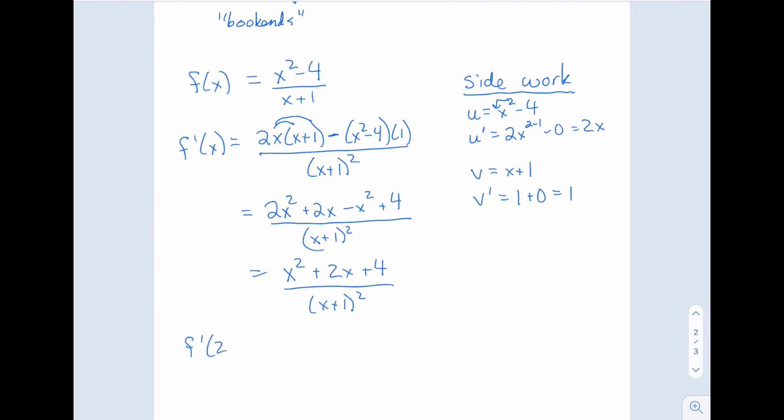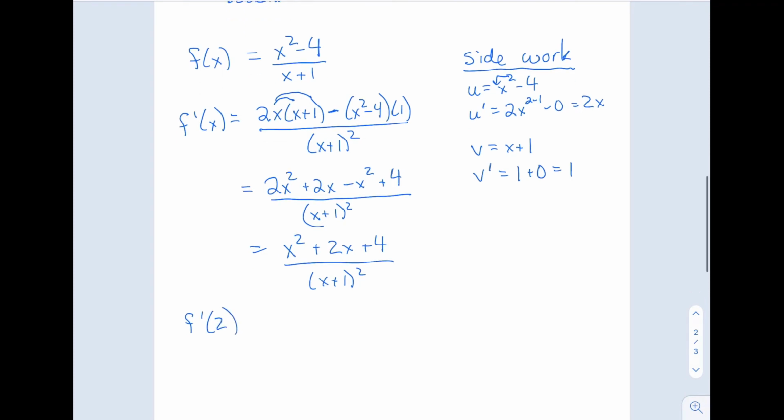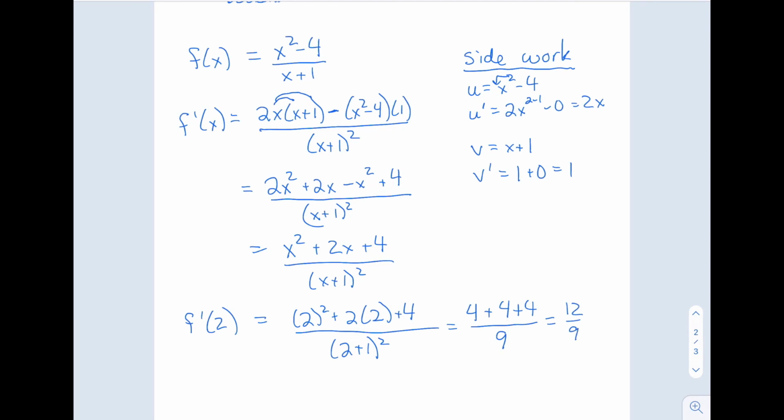And now I'm ready to sub in 2 for x. So I'll have 2 squared plus 2 times 2 plus 4 all over 2 plus 1 quantity squared. 4 plus 4 plus 4. 3 squared is 9. This is going to be 4, 8, 12 over 9. Both of these are divisible by 3, so I end up with 4/3 as my slope.